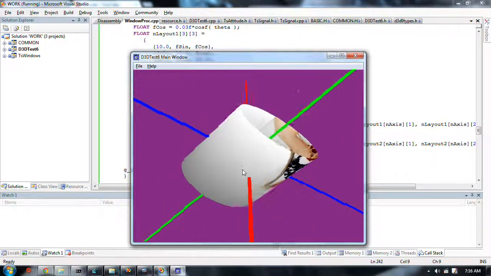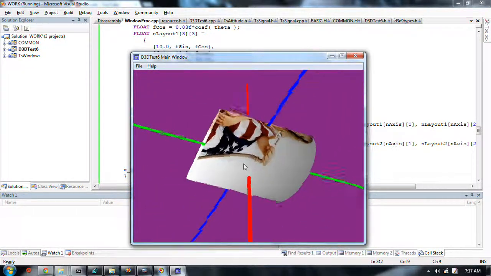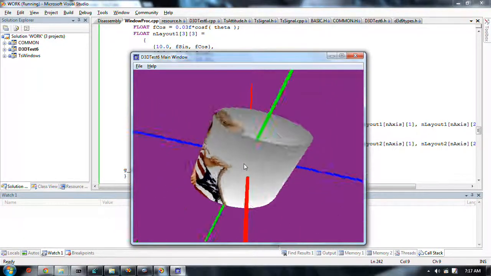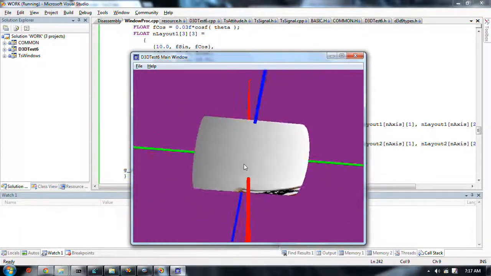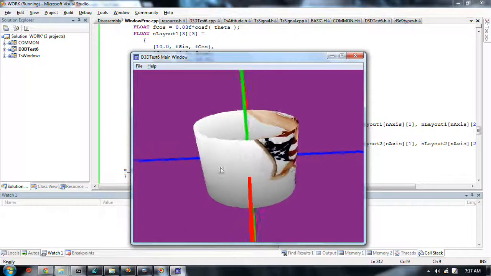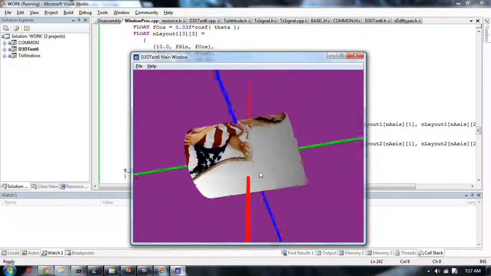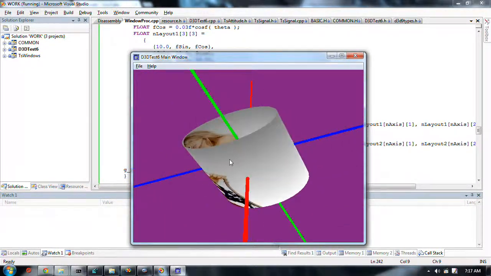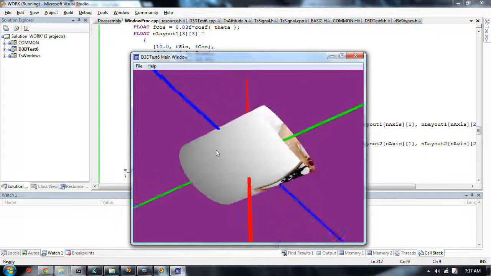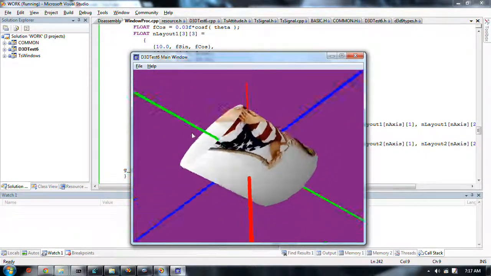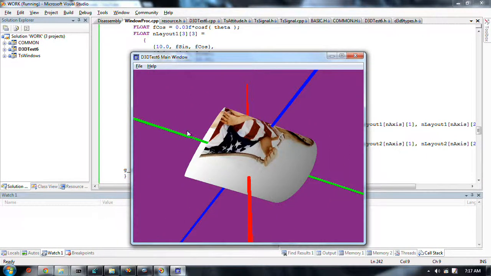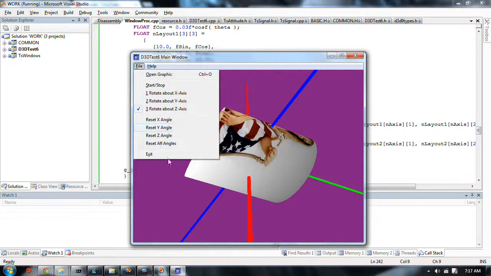So the world X, Y, Z is being rotated one way or another. But the object itself, as you can see, is not changing its world position. It's still in the same position. Okay, stop that. Now let's go back to the beginning.